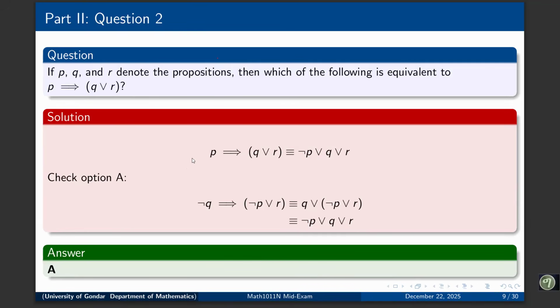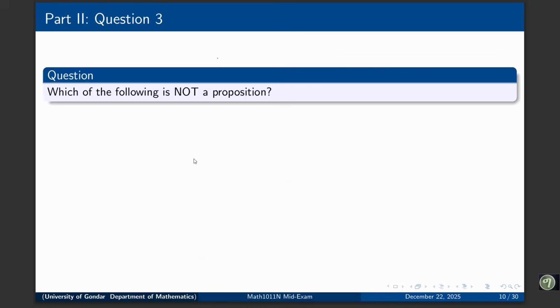So let us proceed to the next one, that is question number 3. Which of the following is not a proposition? A proposition is a statement whose truth value is either true or false.